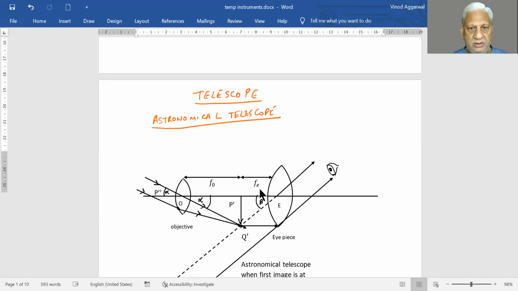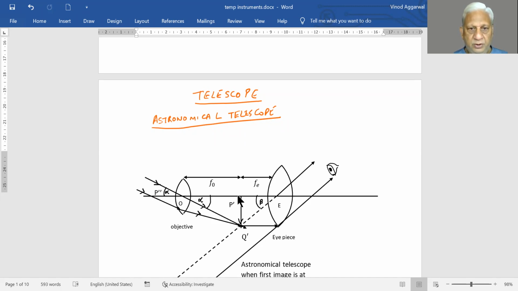The rays from infinity from the objects hit this lens, and this lens is called the objective. The parallel rays from infinity will focus at the focal point of this lens at a distance FO. Then this real image is taken as the object for this lens through which we are seeing. Since we are seeing through this lens, it is called the eyepiece.